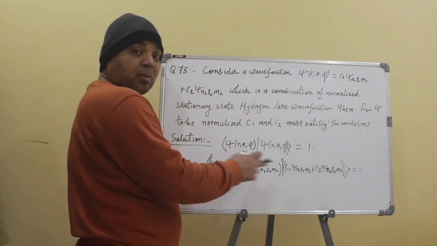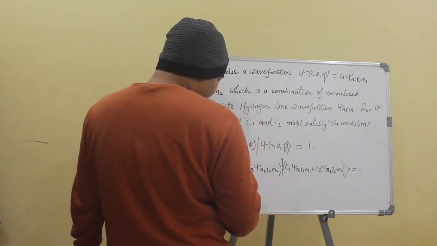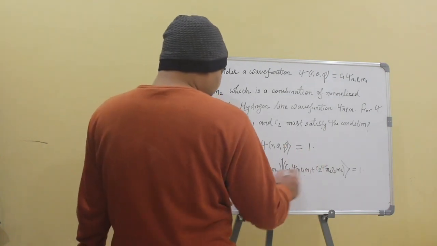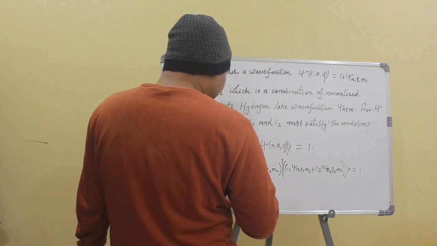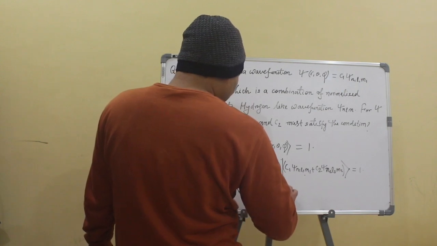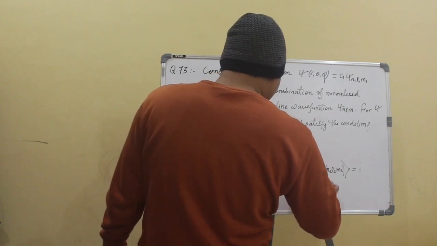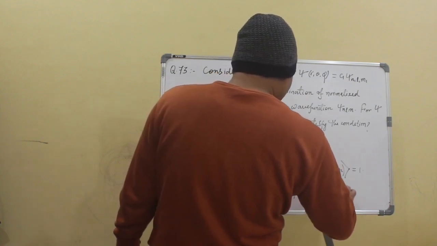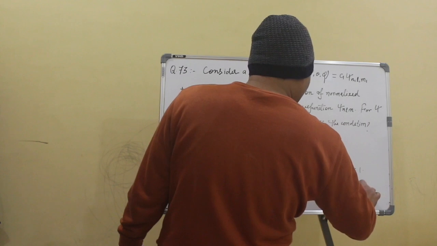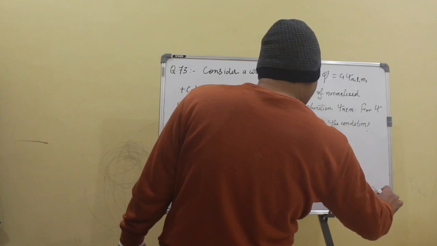Remember that psi 1 and psi 2 are orthogonal, so their cross-term inner products will be 0. That's why the cross terms vanish, and only terms like this are left: C1 star C1 times psi_{n1 l1 m1} with psi_{n1 l1 m1}, plus C2 star C2 times psi_{n2 l2 m2} with psi_{n2 l2 m2}, equals 1.